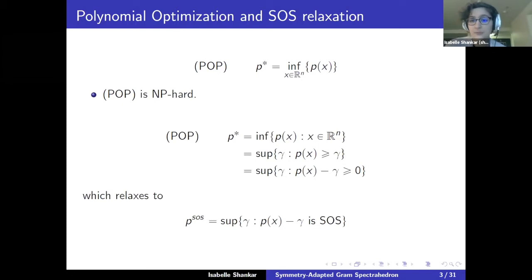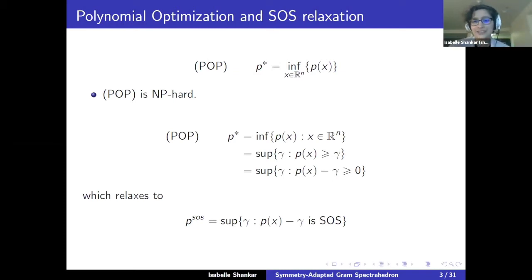So rather than trying to prove non-negativity, I'm interested in showing that this polynomial p minus gamma is a sum of squares, SOS. And what I specifically mean with sums of squares in this case is a sum of polynomials squared, right? So you're going to have some sum of q_i squared, and then the q_i themselves have to be polynomials.